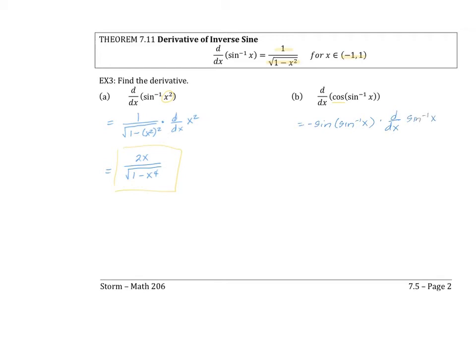So something very nice is going to happen. When we compose sine with sine inverse, it's just going to cancel. And the reason why is because in the beginning, sine inverse of x is only defined when x is in -1 to 1. Okay? So we can assume that those are the x values that we're using and we can cancel them.